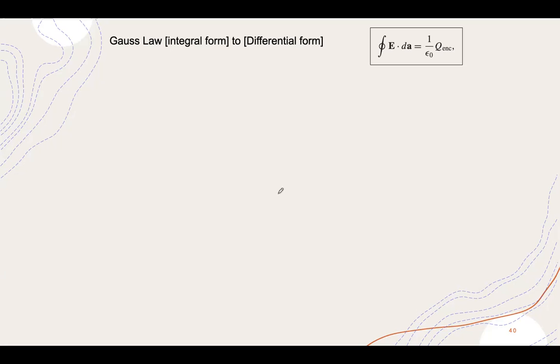I think in the last session in mathematical physics, you learned something called the divergence theorem. If you are integrating something over a surface, you can convert it into a volume integral of the divergence of this vector times the volume element.